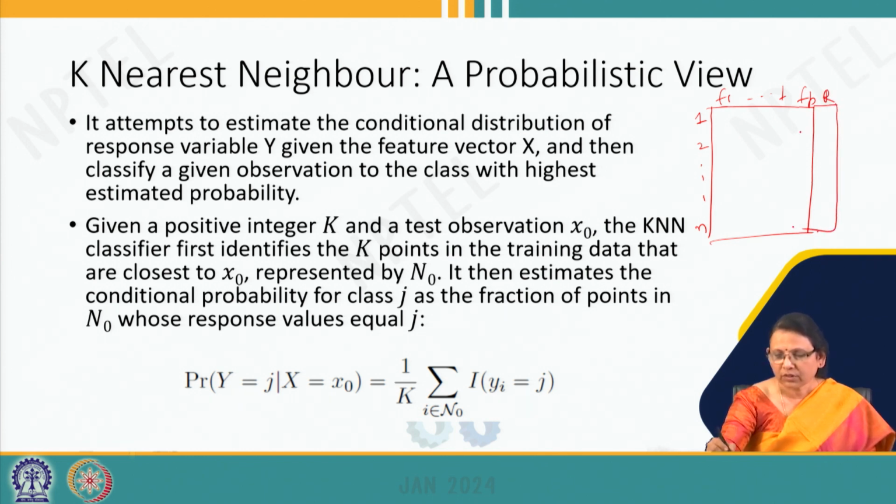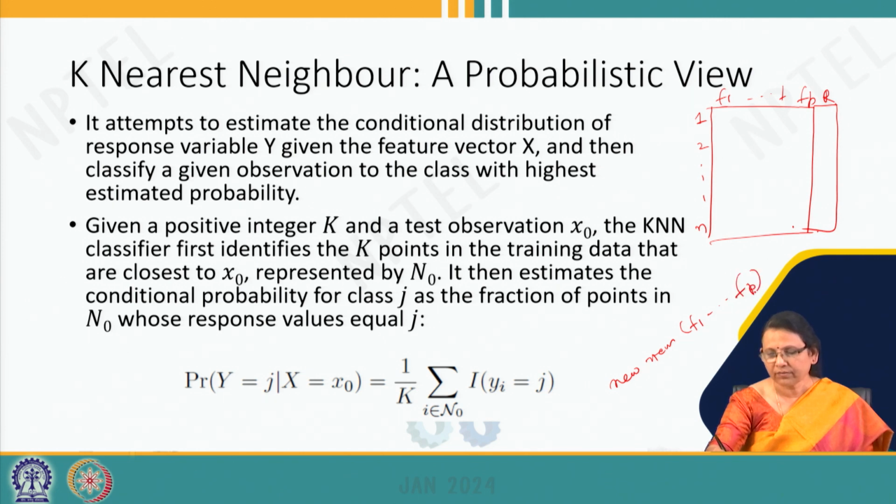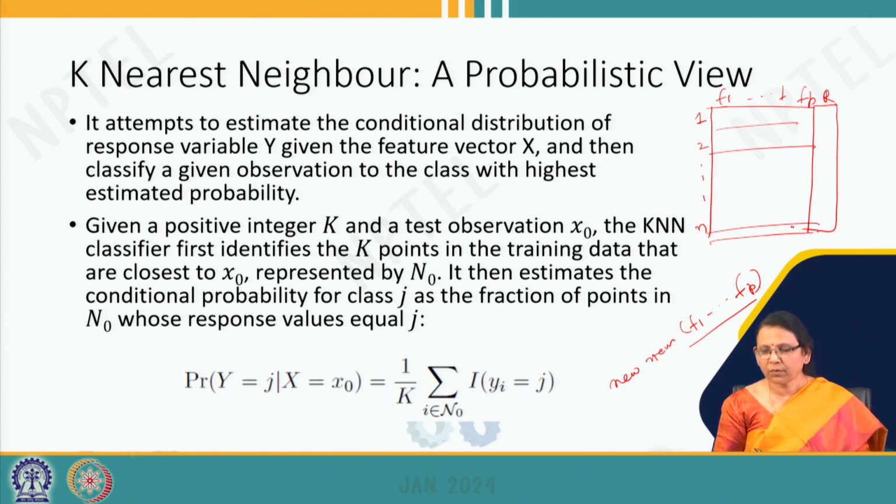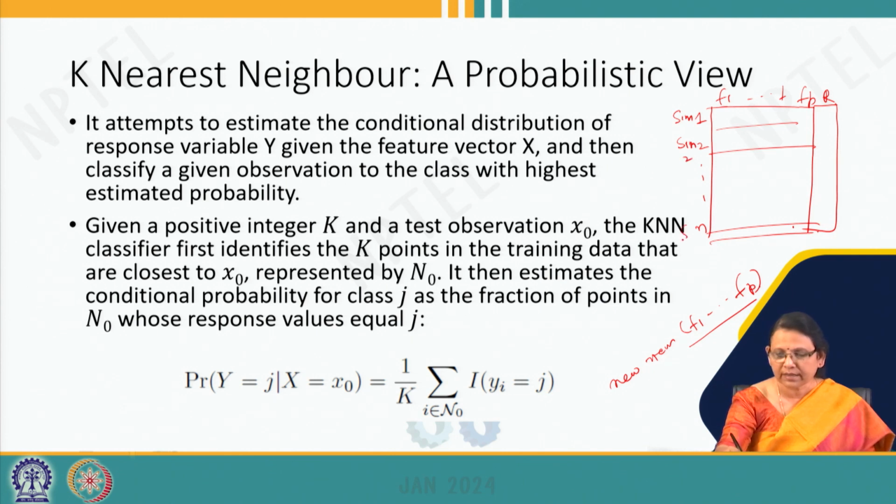The new item has feature 1 to feature p. Now, this has to be compared with each of these items. When you compare this, you get similarity values: similarity 1, similarity 2 and so on up to similarity n. So, in total n similarity values.